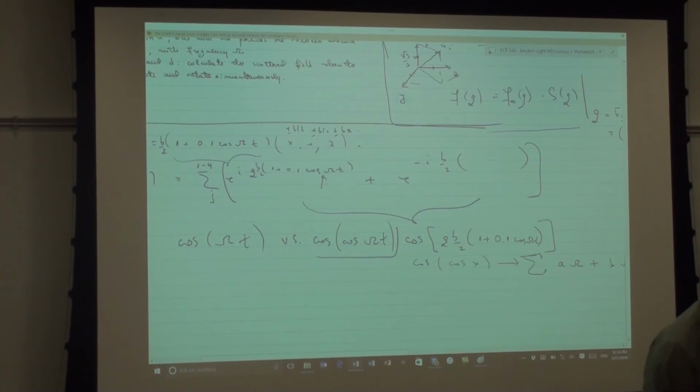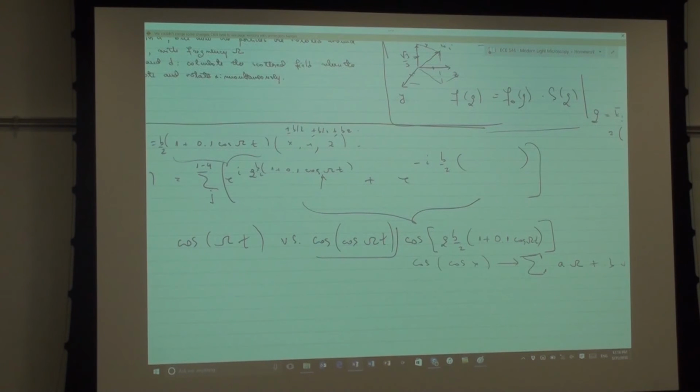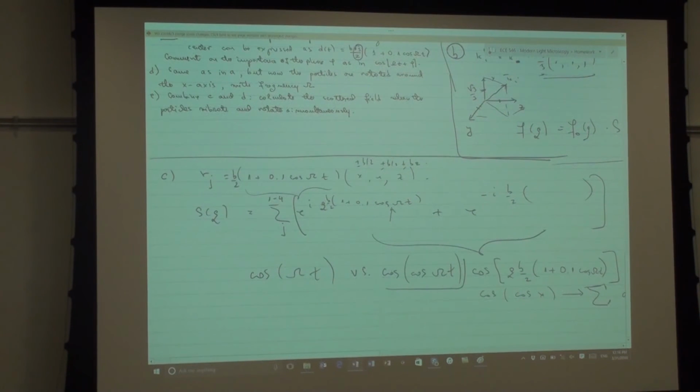So it's no longer an LTI system? Why do you say it's not L? It's not linear, because you're generating multiple frequencies? The system is still linear, but this is actually a tricky question, to be honest with you.